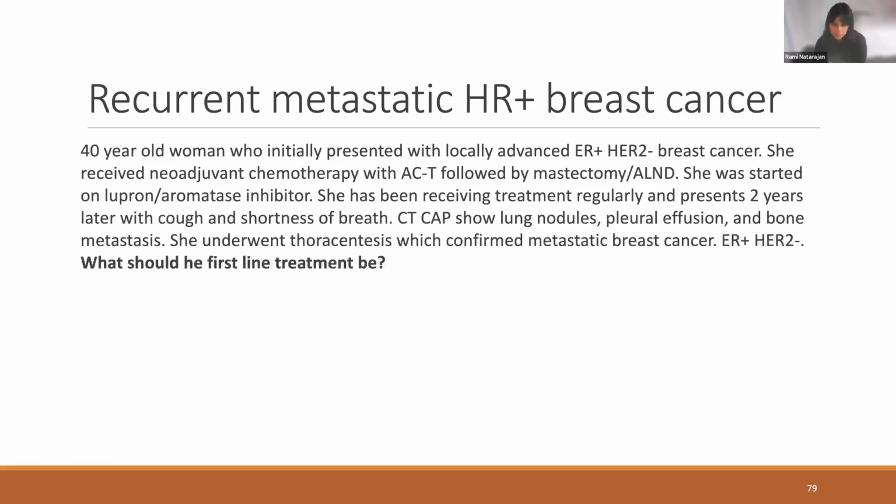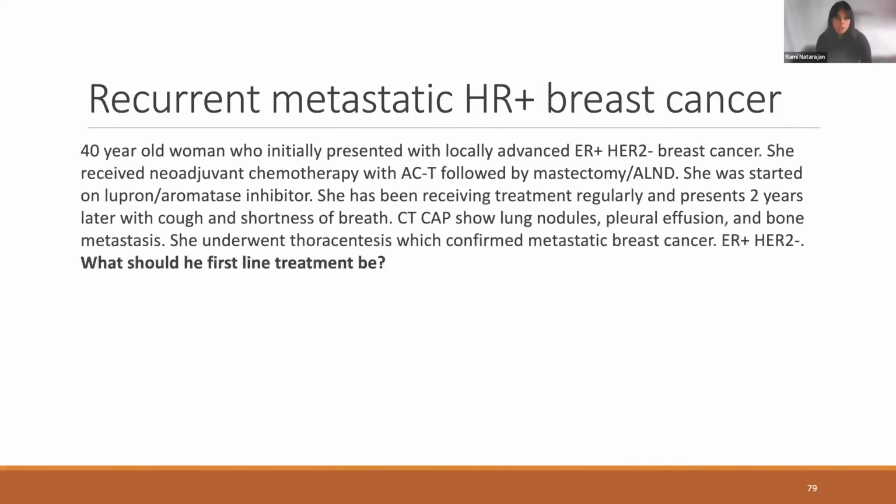And she's been receiving treatment consistently and presents 2 years later with a cough and shortness of breath. She's also hypoxic, and CT chest, abdomen, pelvis, or a chest X-ray could be done, depending on what's available, show lung nodules, pleural effusion, and bone mets. She undergoes a thoracentesis, which confirms that this is metastatic breast cancer, and she also gets a subtype which shows ER positive, HER2 negative, so same as her original cancer.